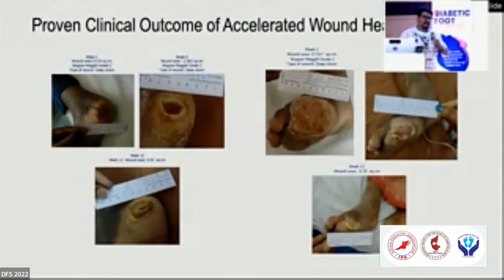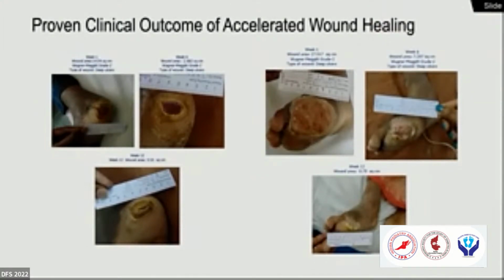So what at the end we need to know whether what we did was right or wrong, whether it was efficient or not. And these are some of the results which show the efficiency of our device. You can see all this is within a span of week 1, week 6, week 1, week 4, and week 6. Okay. Similarly, this ulcer also. They say ulcers over the heel are big fighters. You know, we have to fight literally to see that it heals.